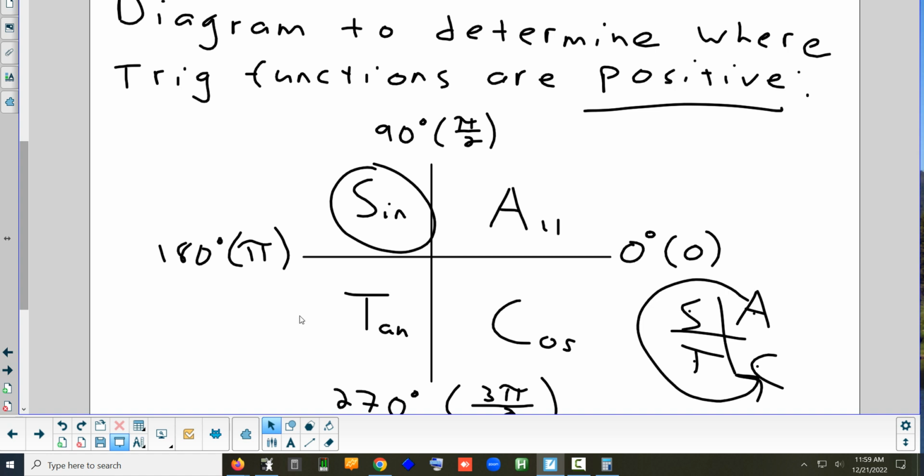So using this combined with that reference angle formula, those two things we're going to use almost every day in trig later on. Okay, any questions on that chart?